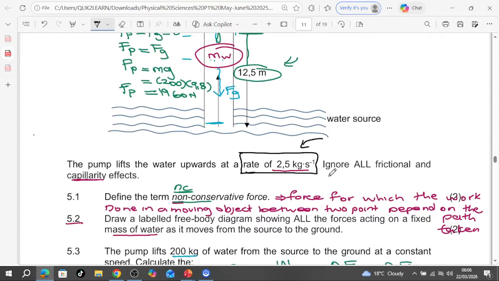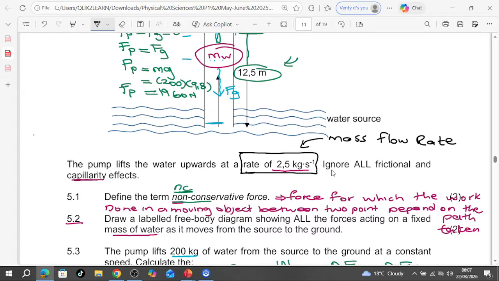So what I need you to know about this SI unit is that it is the mass flow rate. You are given the mass flow rate. We see it as kg per second. So this is the mass flow rate.